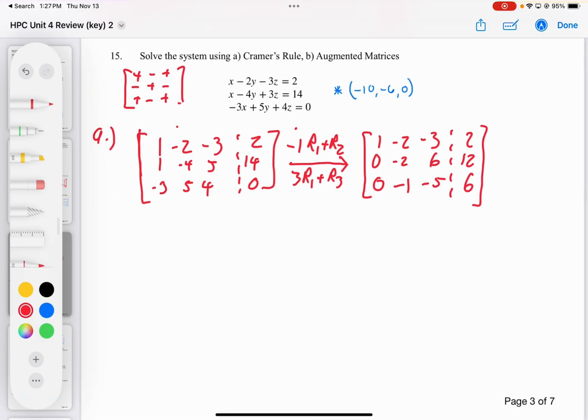Couple routes we can take from here. What do you guys want to do? What about the second row? Okay. Ethan. You should multiply the second row by -1/2. I could do that. Let's multiply second row by -1/2. Yep, that's the way to go. Okay, so -1/2, row 2.